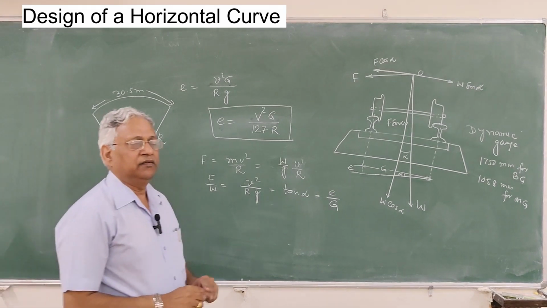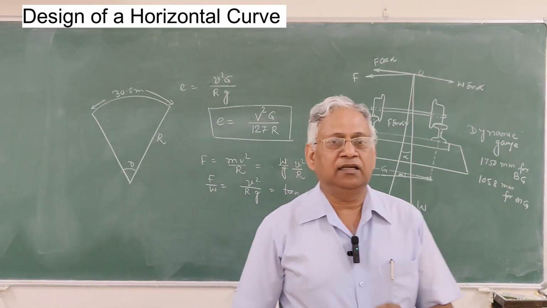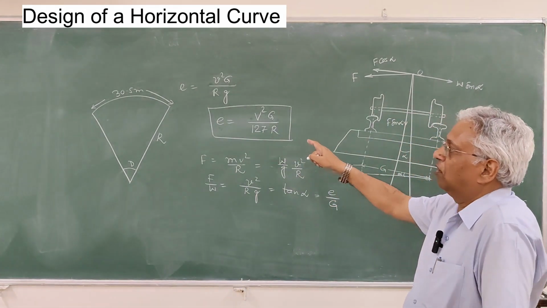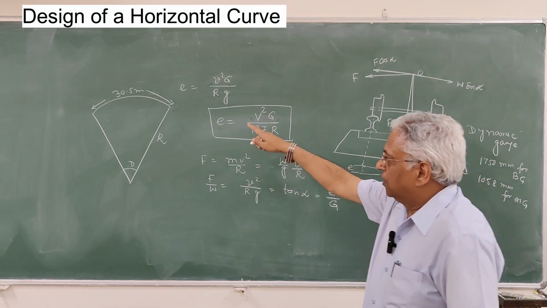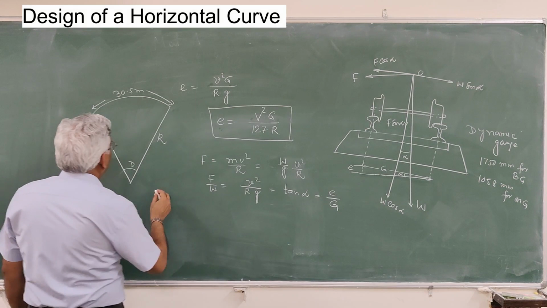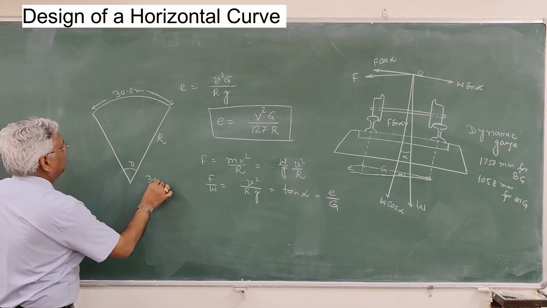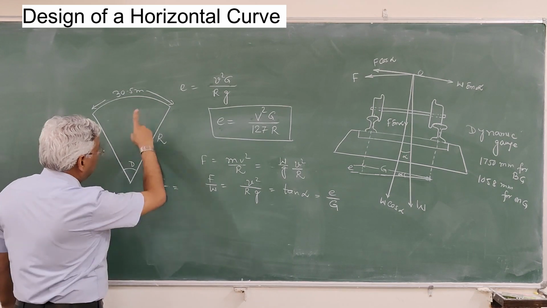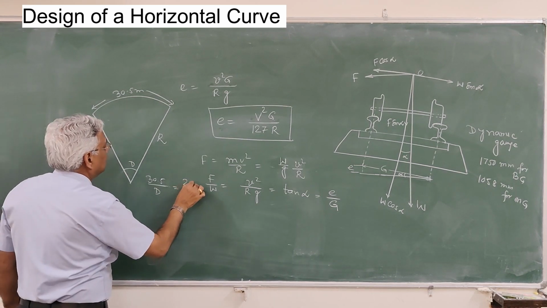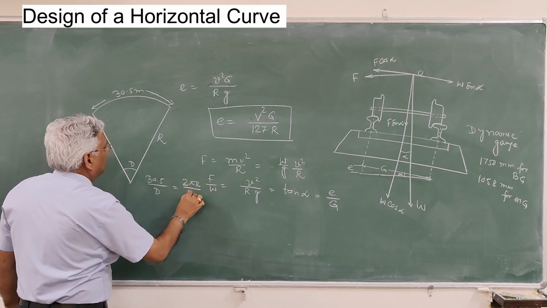So degree of the curve is the angle subtended at the center by a circular arc of 100 feet or 30.5 meter. So if you write the equation for this, it will be 30.5 upon D equal to 2 pi R upon 360.